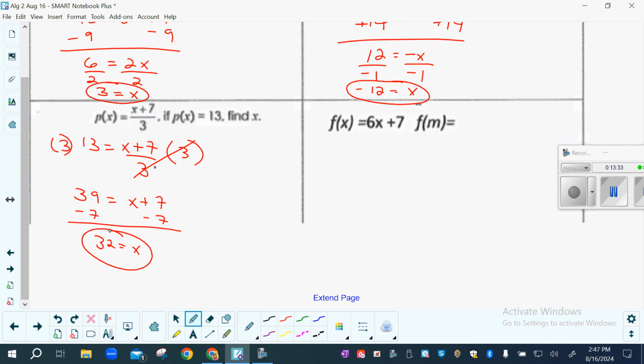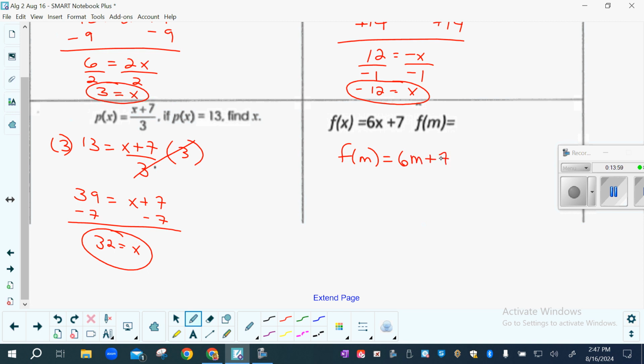Okay, the next one looks hard, but it's not. It's much easier than it looks. What do you think we do? Whatever's inside there, we substitute for the x. So 6m, yes, that's right. So f of m is going to be 6m plus 7.